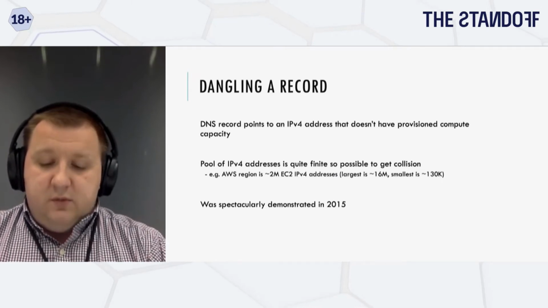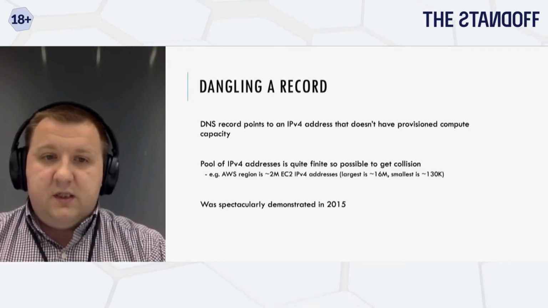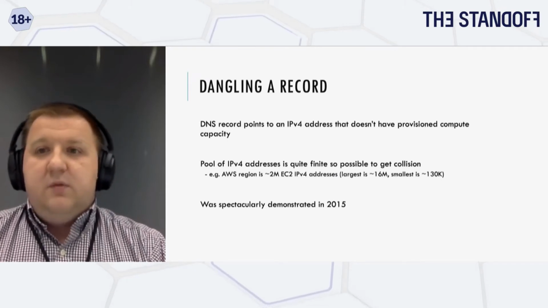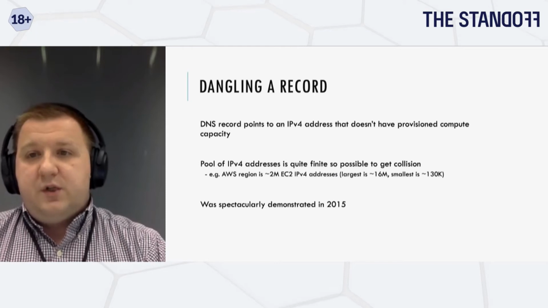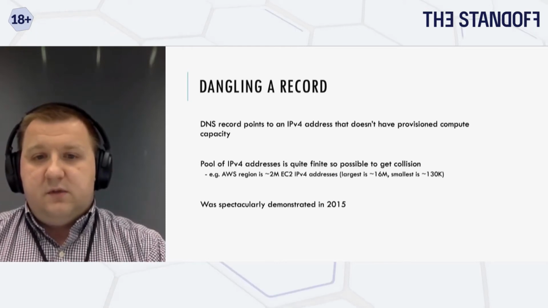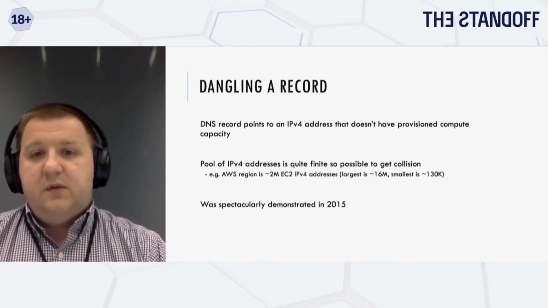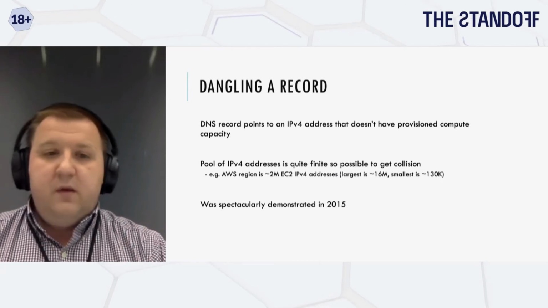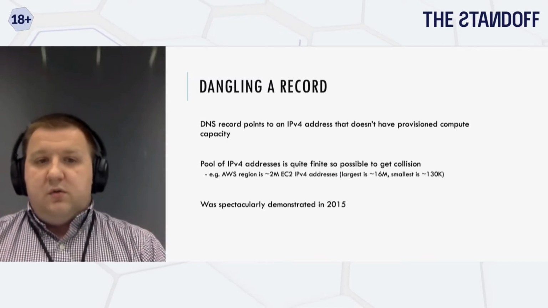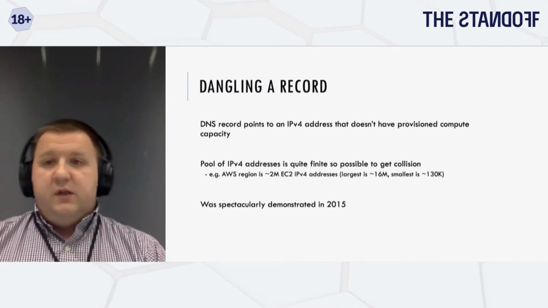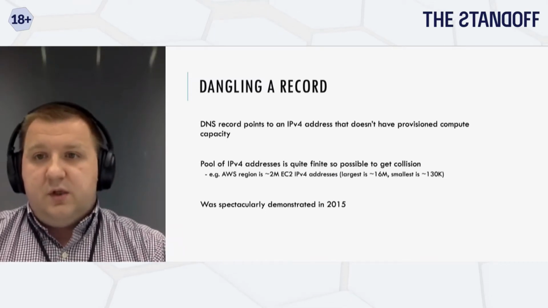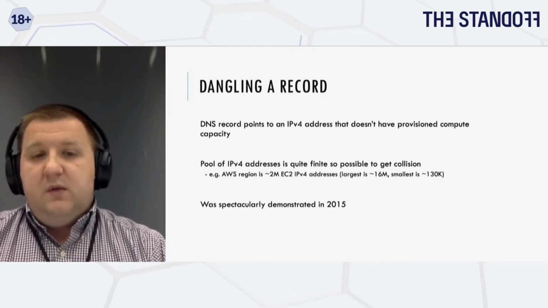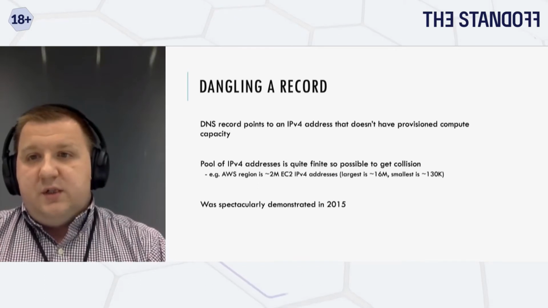Take, for example, AWS. If we study their elastic compute cloud, roughly, it contains 2 million IP addresses. Well, their largest region is 16 million, and the smallest is 130,000, but the average will be 2 million. Please note, this is the total number of public IP addresses associated with a particular region, not just free addresses.